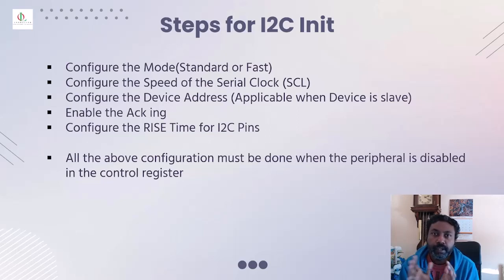Then enable the acknowledging, whether it's a slave address or a data frame sent. Then configure the rise time for the I2C. All of this has to be done when the peripheral enable is disabled, that means PE is 0. These are all the musts you need to follow.